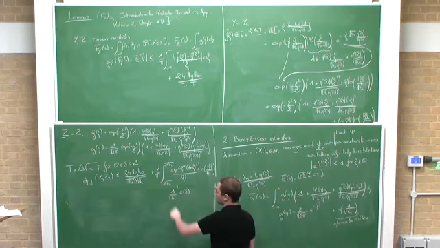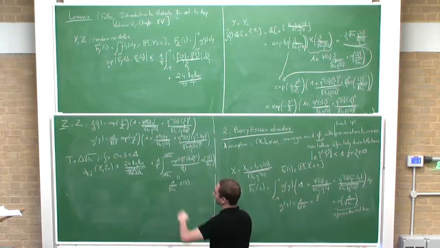So this will be a small o of 1 over square root of Tn when delta goes to 0.